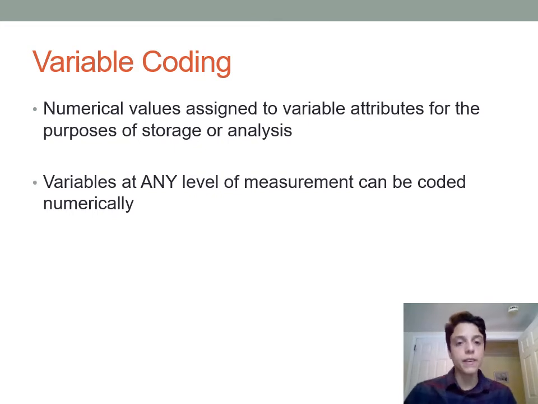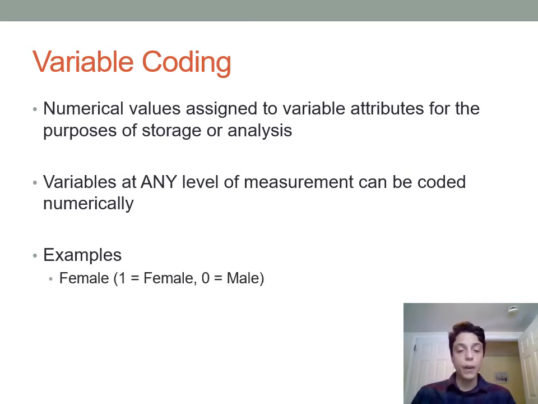When defined this way, variables at any level of measurement can be coded numerically. And here are some examples of what coding might actually look like. If you had a variable for gender, you might code female as 1 and male as 0. So in this case, you'd be assigning the numbers 1 and 0 to these different variable attributes.